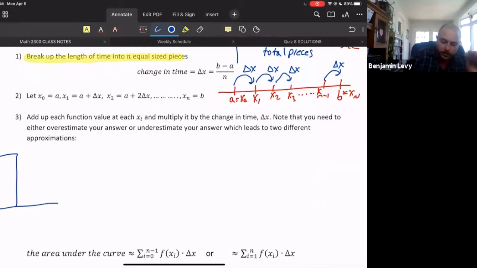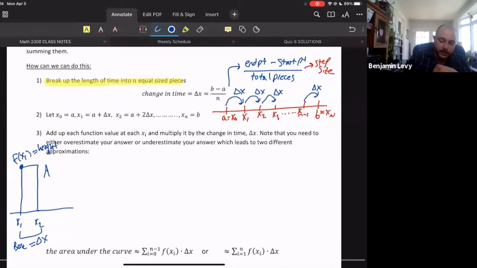Maybe this is at the point x1, x2 or something. The width of the base is going to be delta x, and then the height is the function value. So the area of this thing is the function value times delta x.